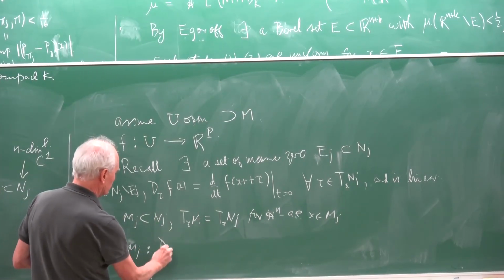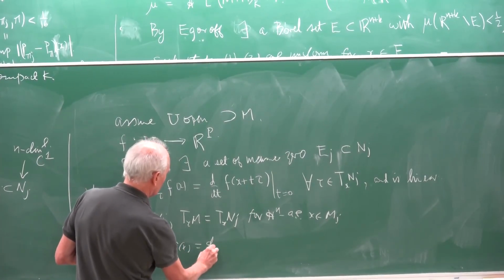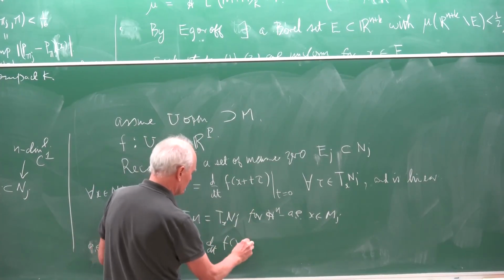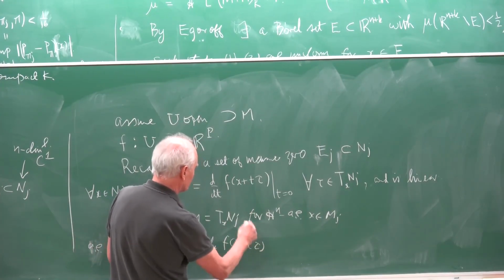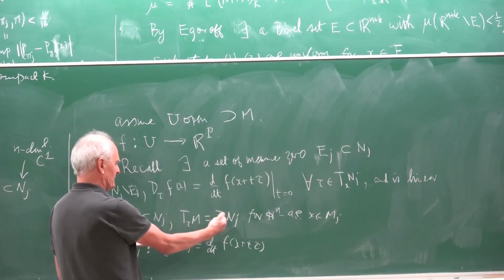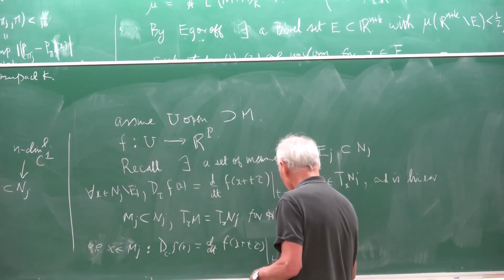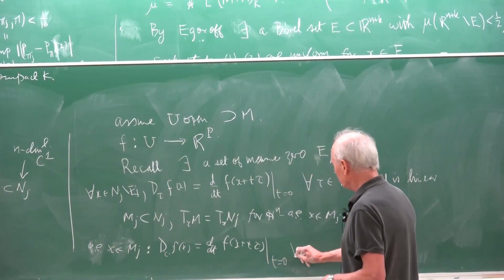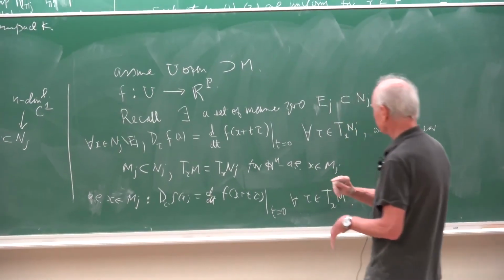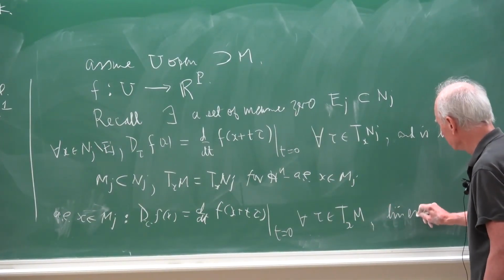The same thing holds: d_tau f(x) equals d/dt f(x + t tau). It's the same quantity. It's computed relative to N_j, but it now applies to M because of this. So you get something for free here, more or less. And that's true for every tau now in T_x M, and it's linear in tau.